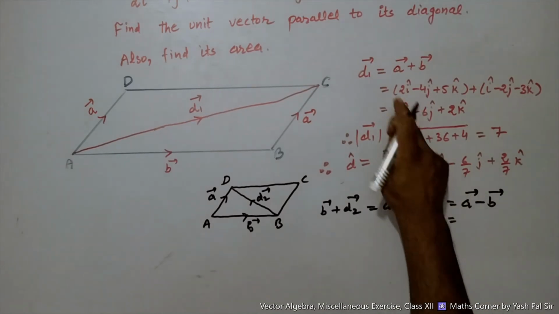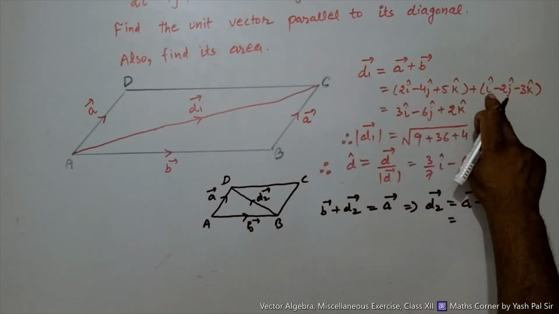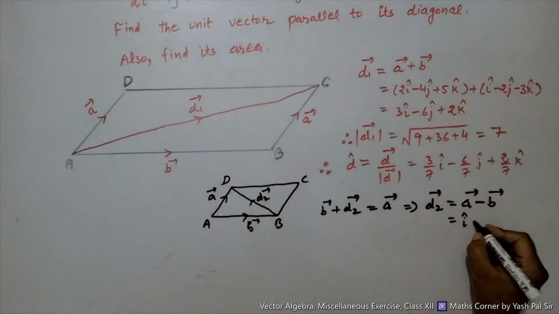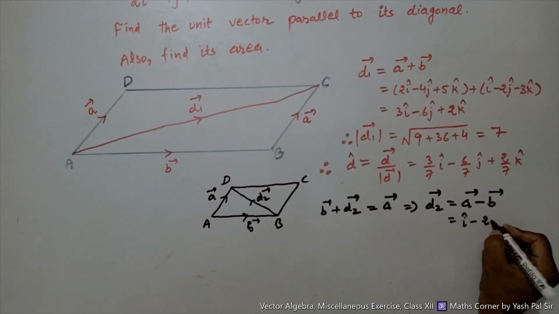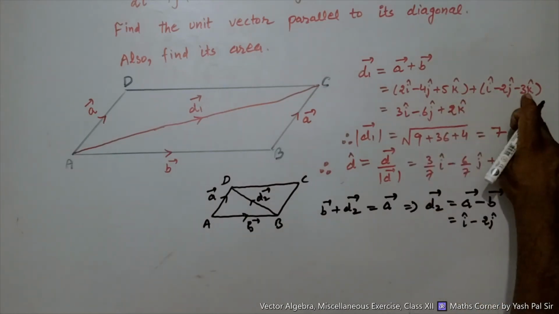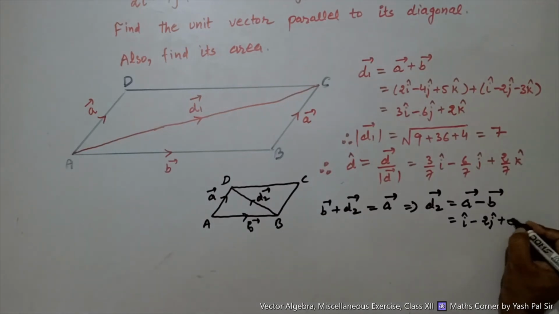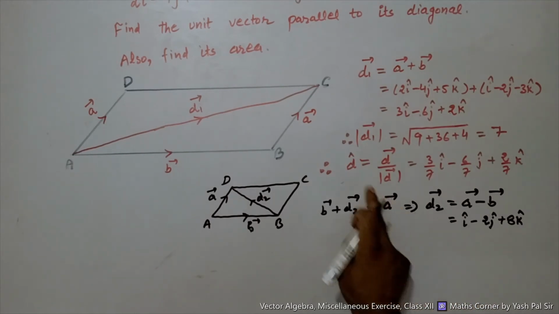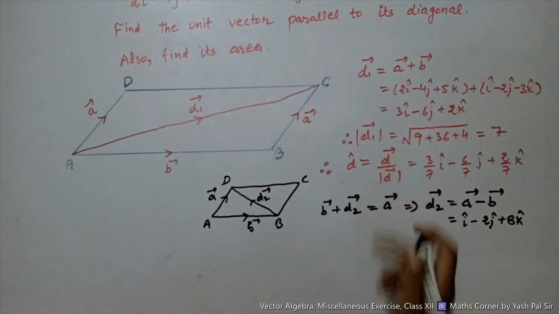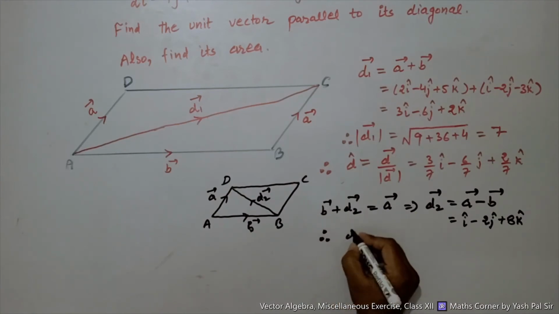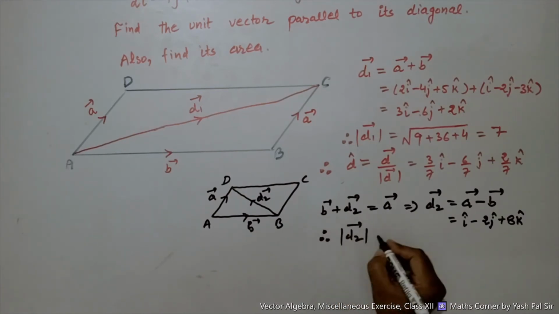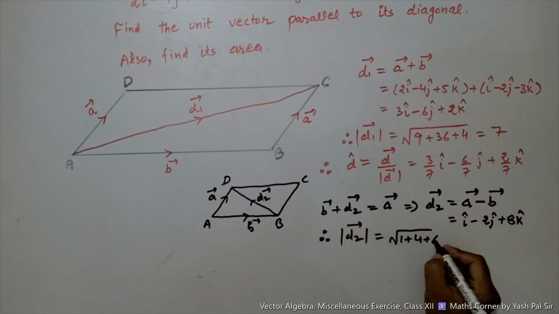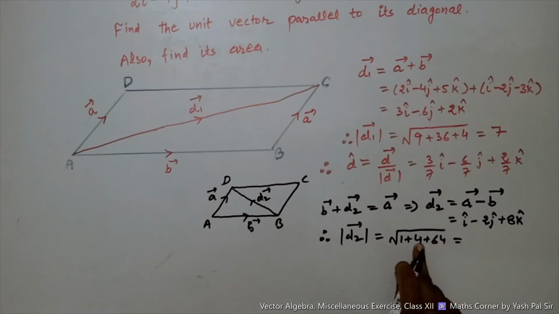That means, what is vector A minus vector B? 2 minus 1 is i, minus 4 plus 2 is minus 2j, 5 plus 3 is 8k. Again we need to find the unit vector parallel to its diagonal. Therefore for the D2 vector, its magnitude is equal to the square root of 1 plus 4 plus 64.